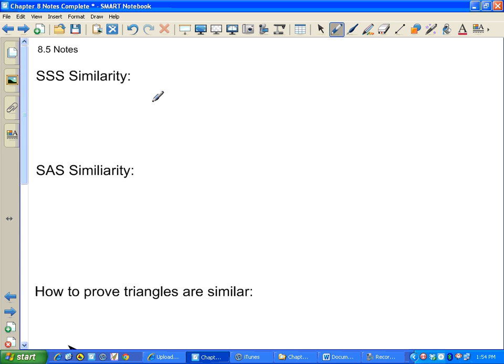Okay, so there is a side-side-side similarity theorem, but we don't want the sides to be congruent because that would make the triangles congruent. We want the sides to be proportional.